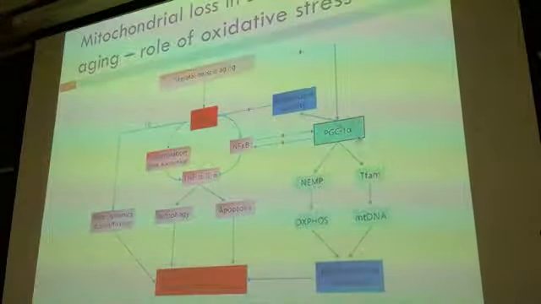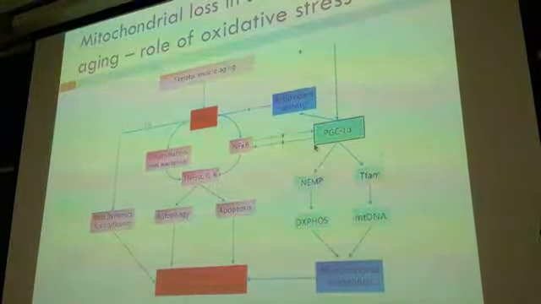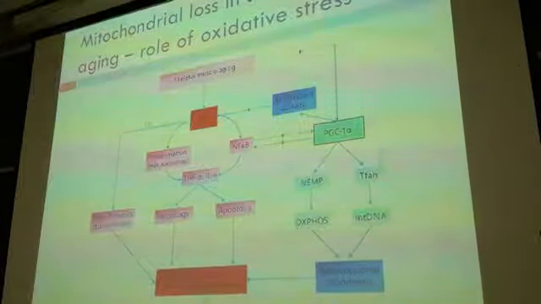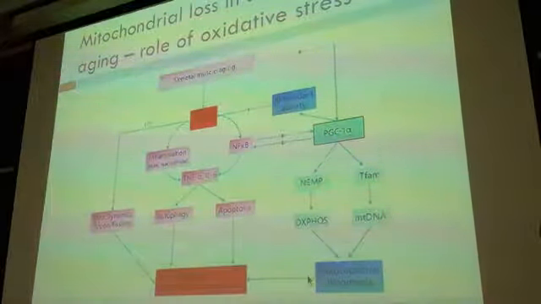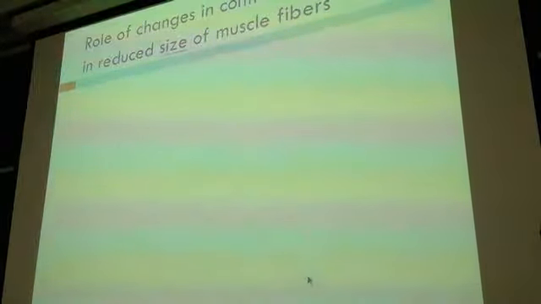So the loss of PGC1 alpha sort of amplifies the loss of mitochondrial function by not replenishing them through biogenesis. And so that's cell number.